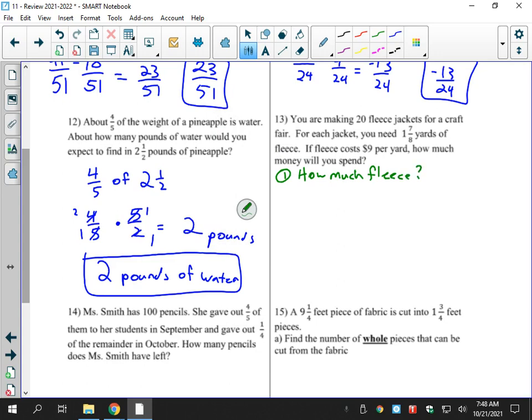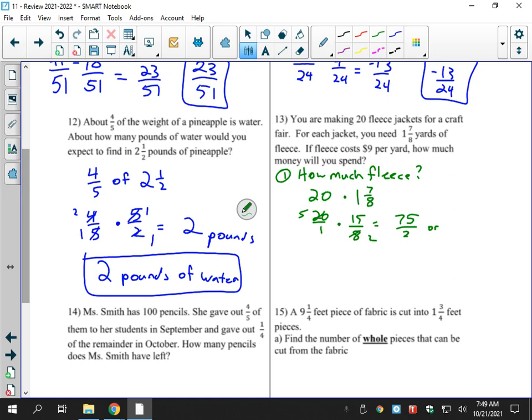Okay, so to figure out how much fleece, we're going to do 20, because 20 jackets, one jacket is 1 7/8 yards. So we're going to multiply. That'll be 20 over 1 times 15 over 8. We have a little cross canceling here. So that would be 75 over 2.